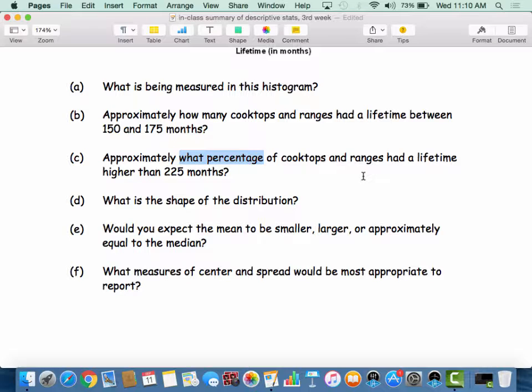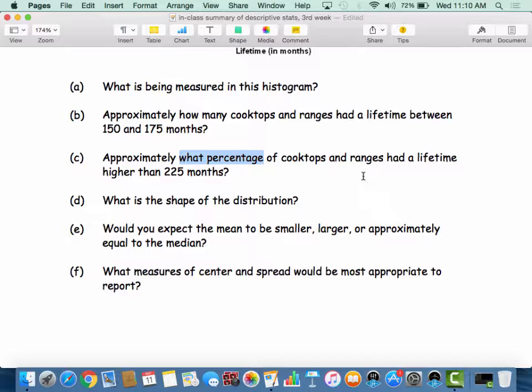This ties into question E. Question E says, would you expect the mean, and I promise you, I've seen this type of question before, would you expect the mean to be smaller, larger, or approximately equal to the median? Larger. Skewed right. We just talked about that in the box plot in the previous question. Skewed right. We can expect the mean to be larger than our median.